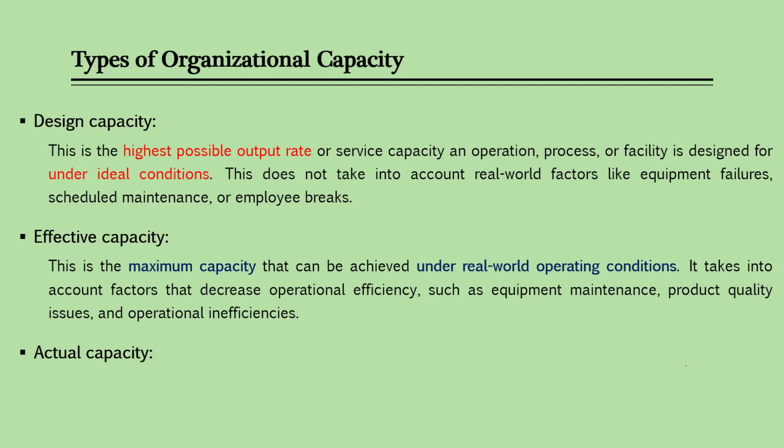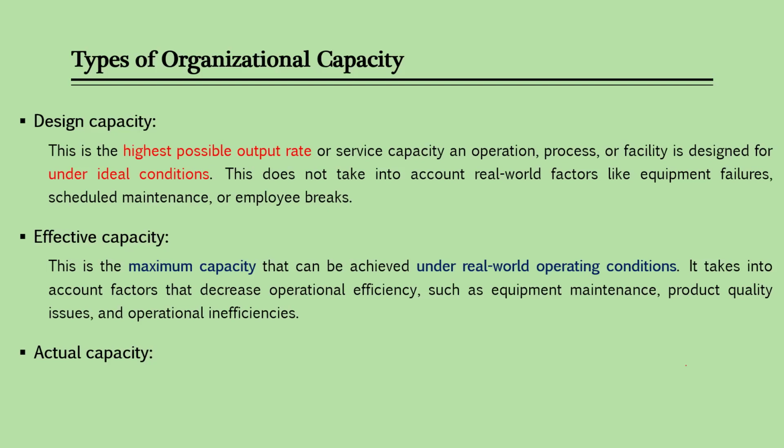The product quality issues may be there. We know that we can't maintain the quality itself. Sometimes there may be issues in the quality and operational inefficiencies may be there. So they have to take new employees, so the skill turnover and the learning rate may be different. So they are going to take into account all the real world operating conditions in the effective capacity, and what can be achieved at the maximum level when they are taking into account those conditions. That is what the effective capacity is.